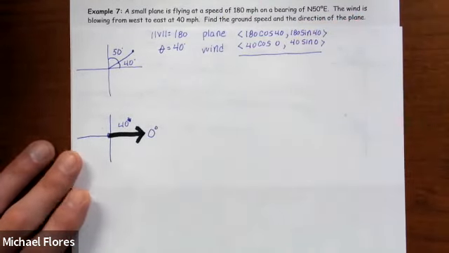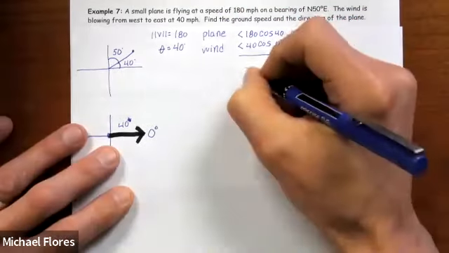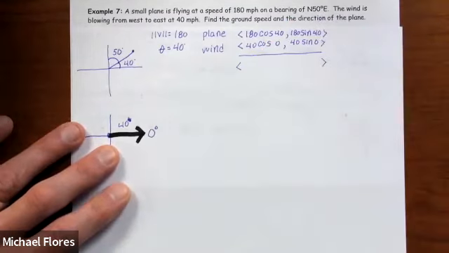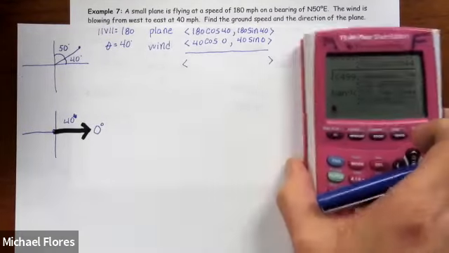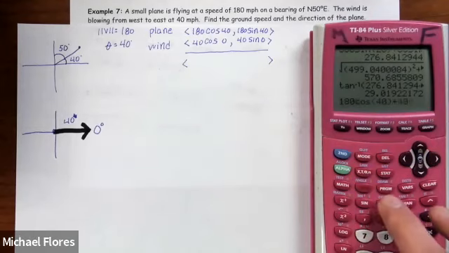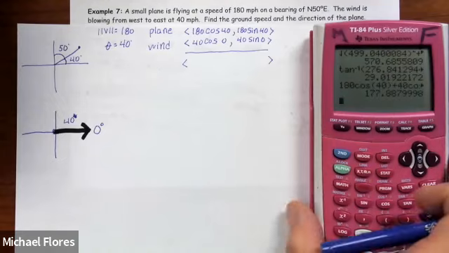We now have to find the ground speed and direction of the plane. In order to do that, we have to figure out the resultant vector. So let's add cosines with cosines, sines with sines, and then we can begin to complete this problem. 177.888.